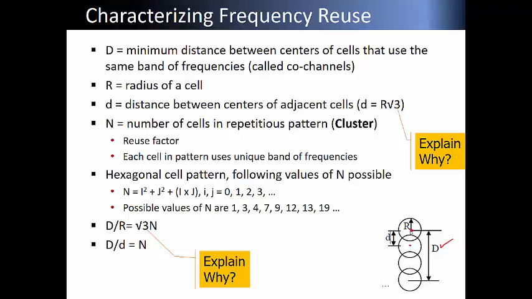We have 2 adjacent cells, I made a small d. And then we have d equals R times root 3. Why root 3? We can compute it. We can prove it. Yes, square root 3.